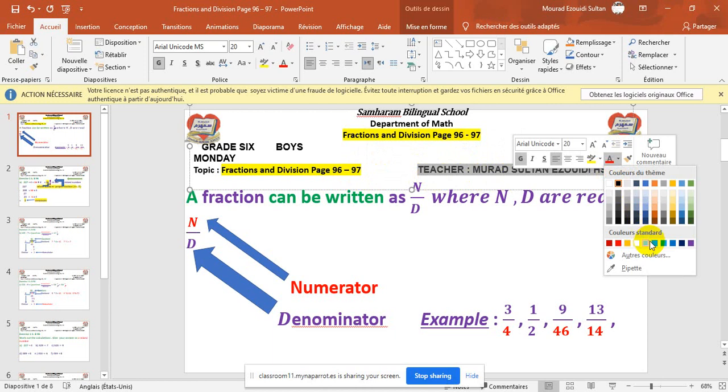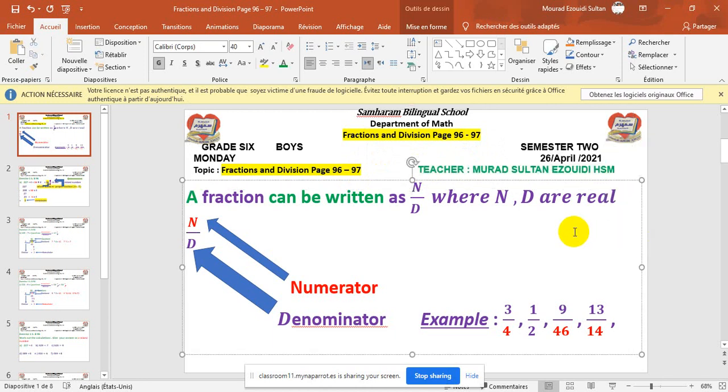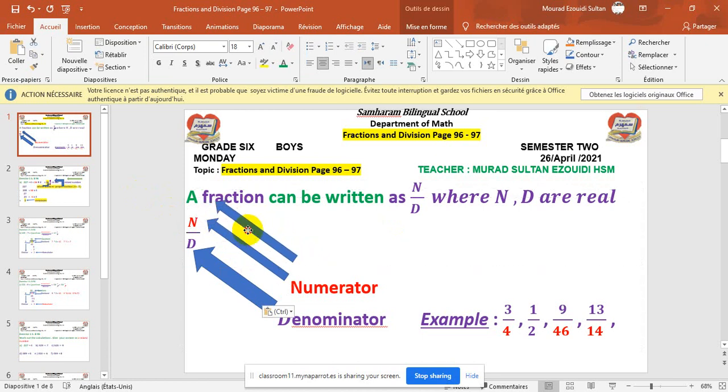You will open your student book and your notebooks at the same time. We can say that a fraction can be written as n divided by d, where n and d are real numbers. D is different to 0.